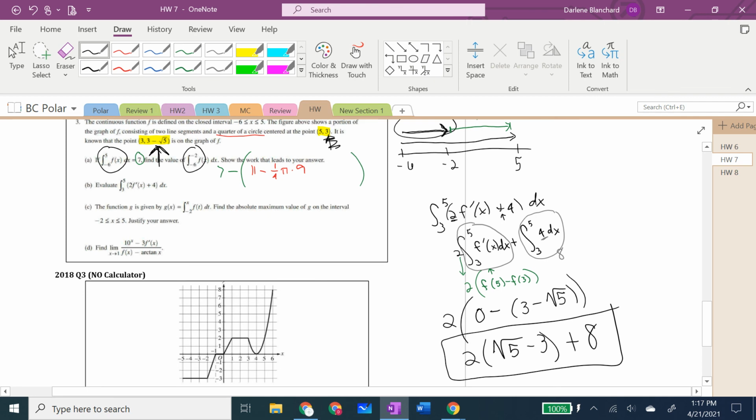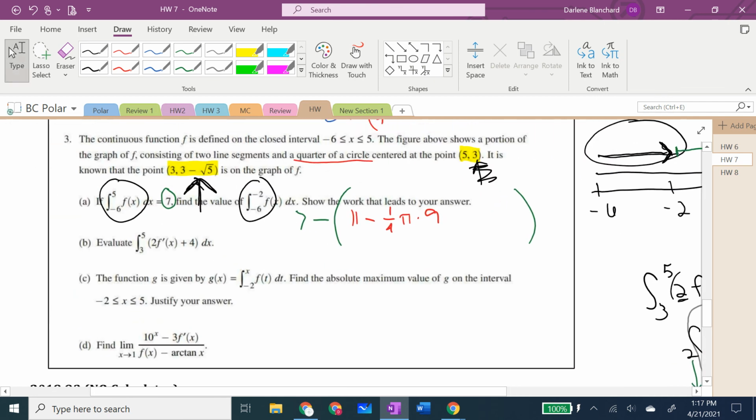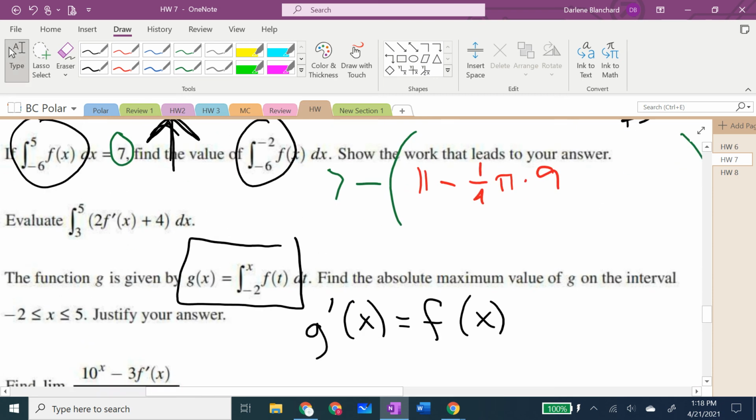Now, C moves into play. C wants the absolute maximum value of g, where g is representing the integral of that graph from -2 to x. And this is where I want to turn to my chart, because I need to say in my free response that the derivative of g is f of x, fundamental theorem of calculus.